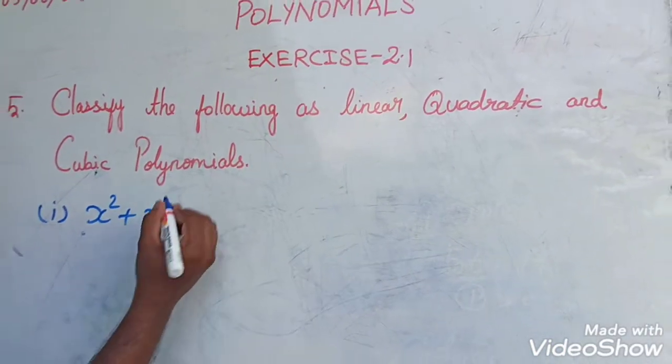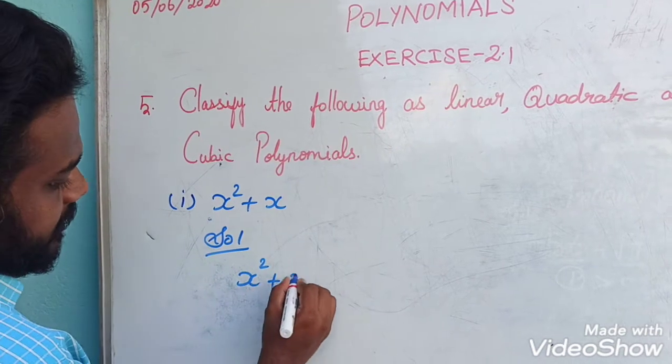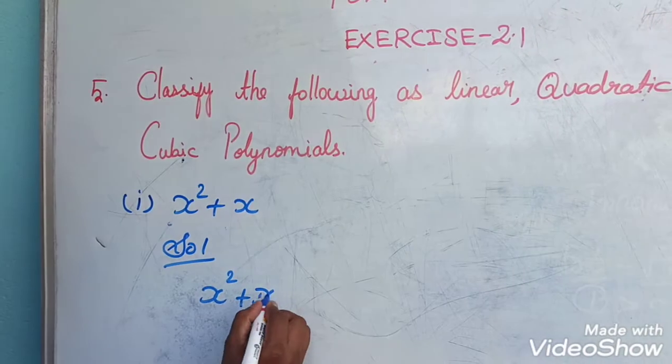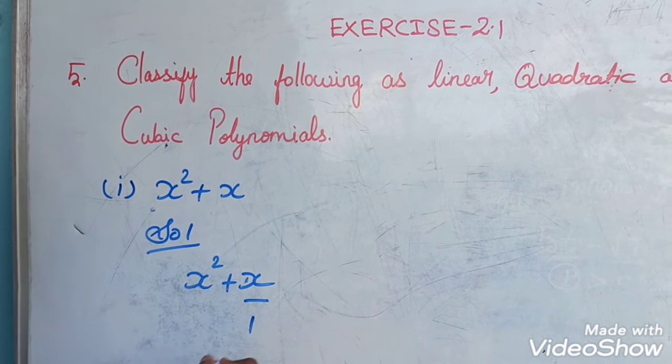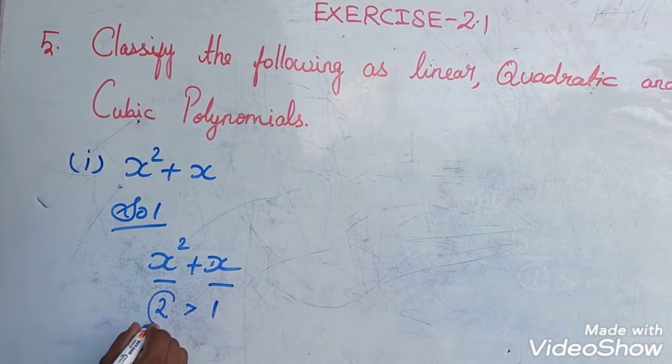x square plus x. In the solution, x square plus x, here the exponent is 1, here the exponent is 2. So 2 is greater than 1, so the degree is 2.